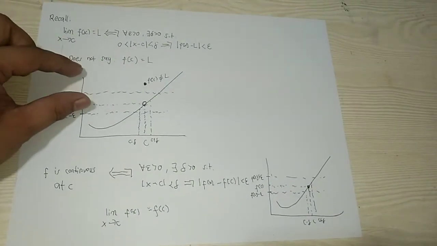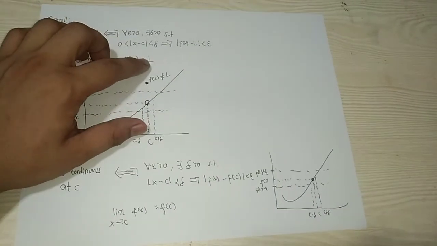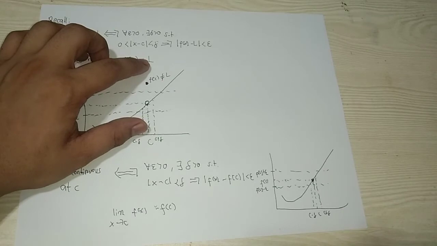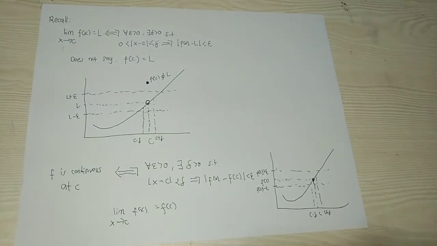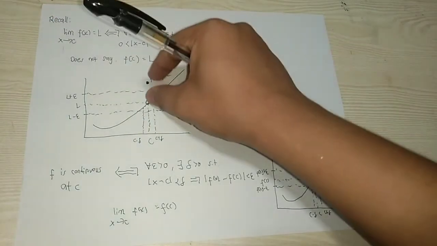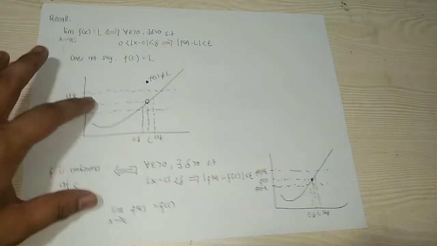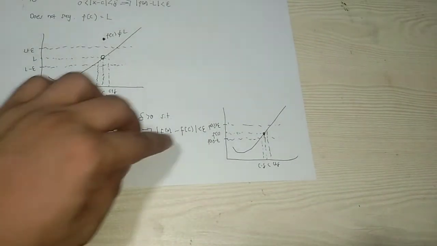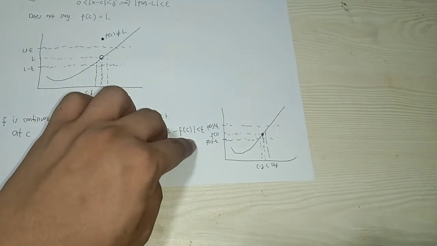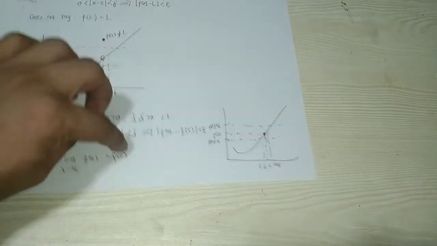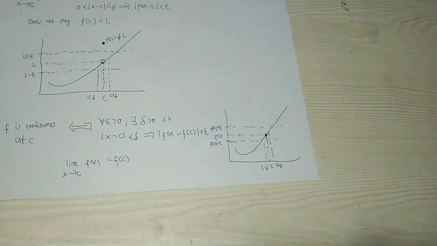Sa limit, ang limit ay yung L, which is hindi palaging equal sa f of C. Okay? Posible kasing mangyari to. Pero sa continuity, ang sinasabi niyan, continuous siya kapag yung limit na yan ay equal mismo sa f of c from this definition.